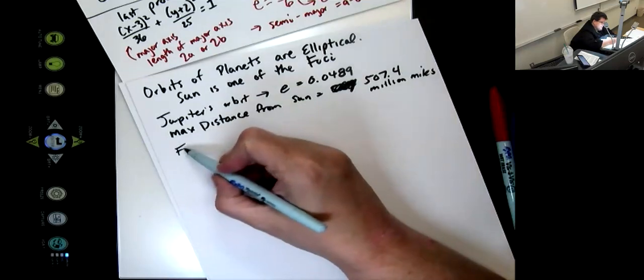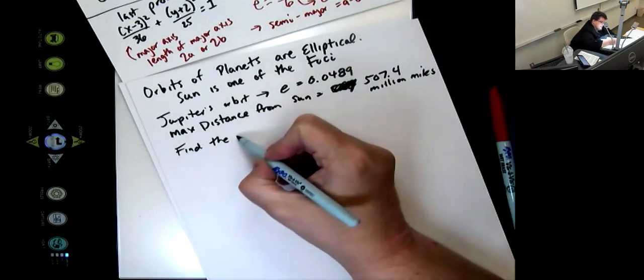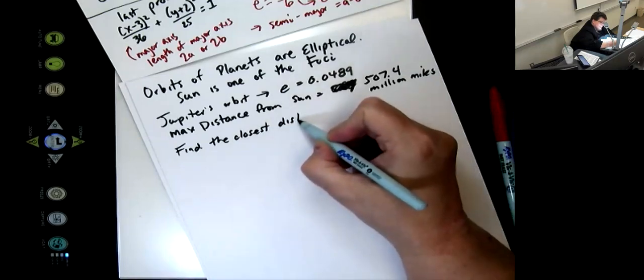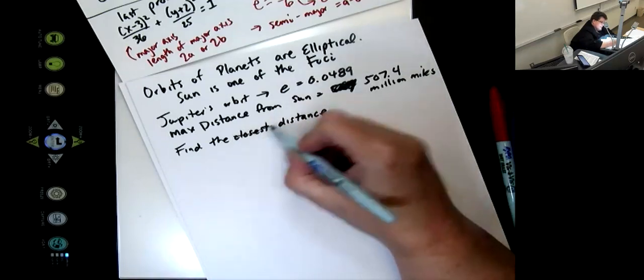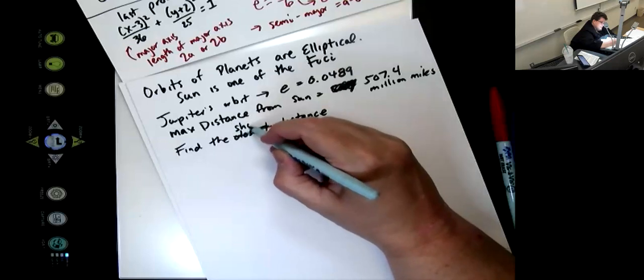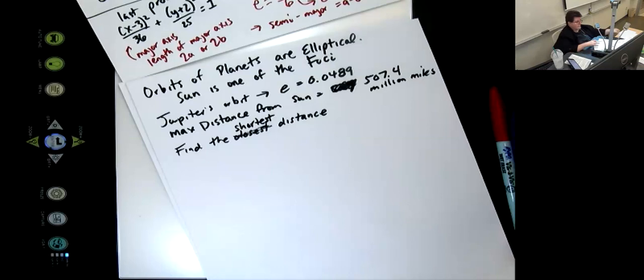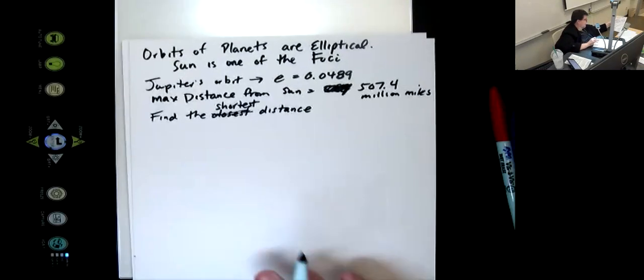We can use this information to find the closest it is to the sun. And the closest distance. Or shortest distance, I guess, is the better way.